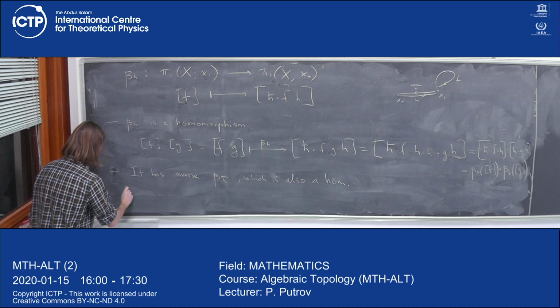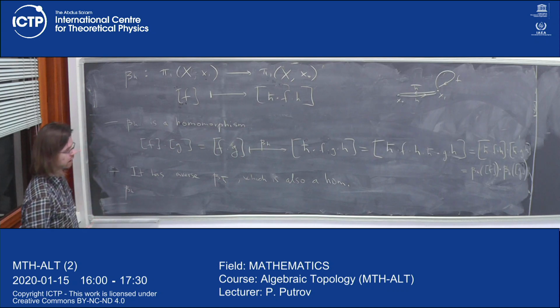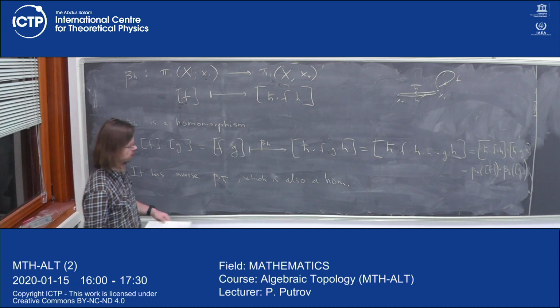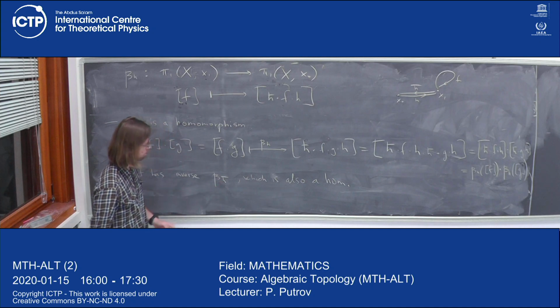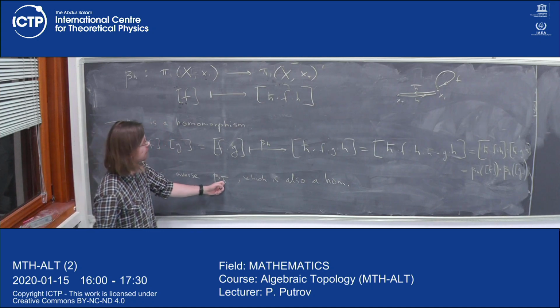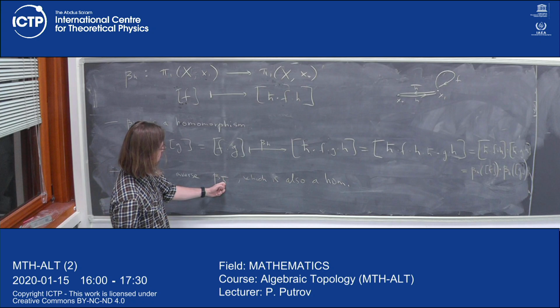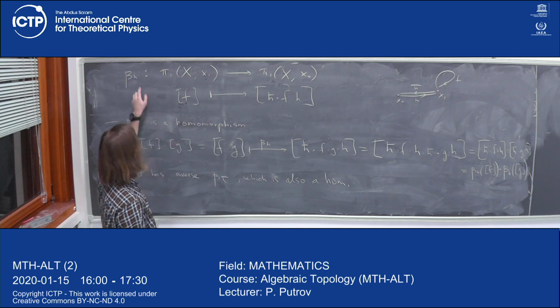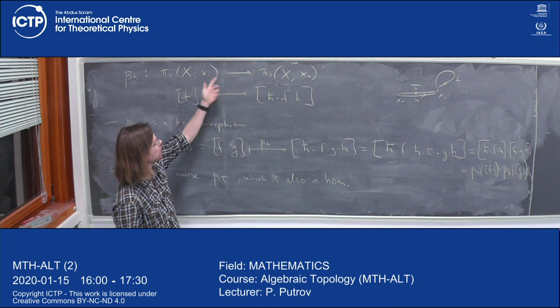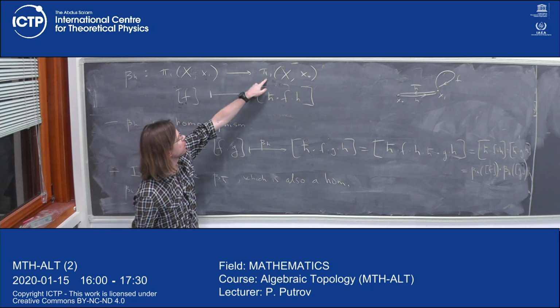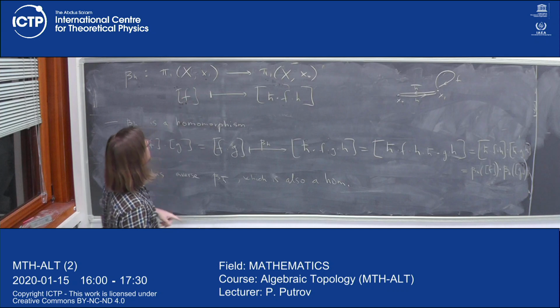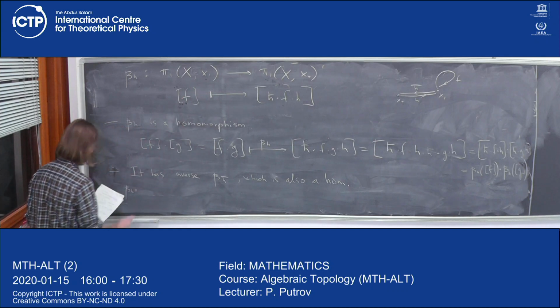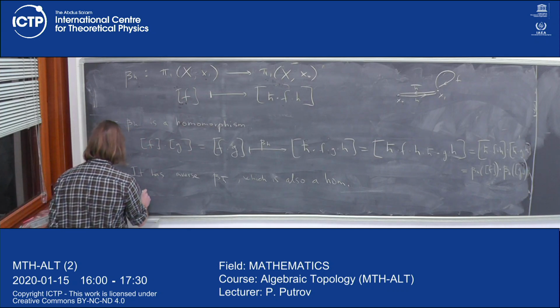So how do we check it? The inverse. If instead of h I use the inverse of h, this of course by the same formula defines a map from here in the opposite direction. And so let me check that this is indeed the inverse.